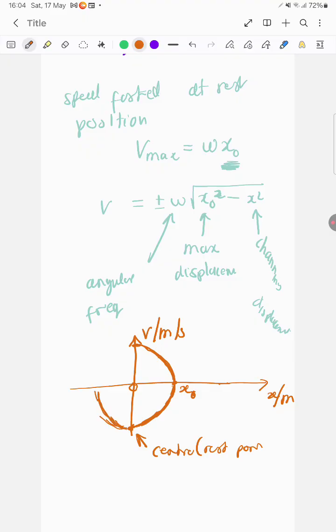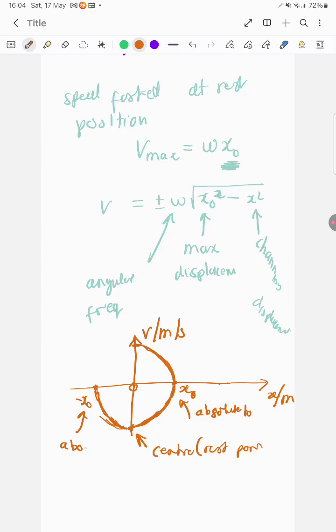Until it gets to the other maximum, negative x naught. And then again, at this point, it's at the absolute bottom now, right? So this is the absolute top, as an example. And this is now the absolute bottom of the motion.